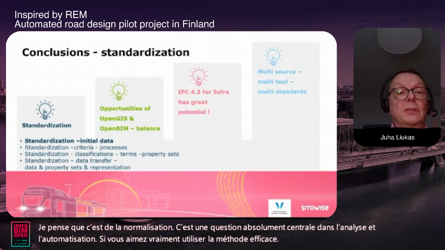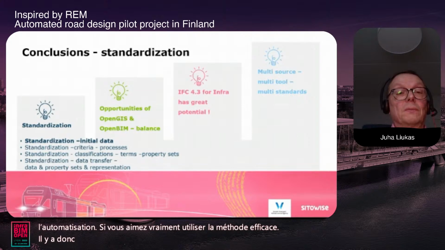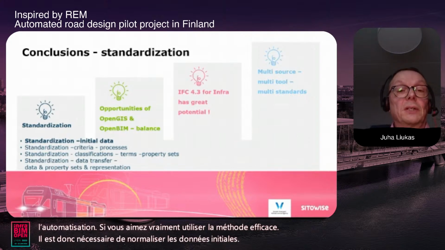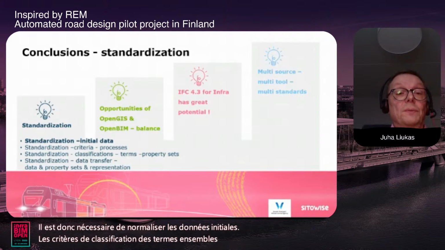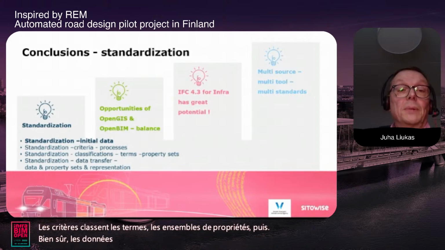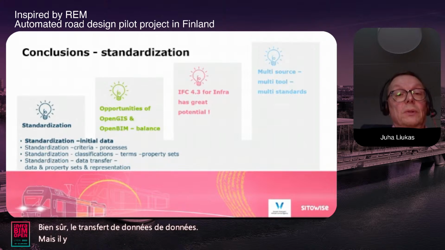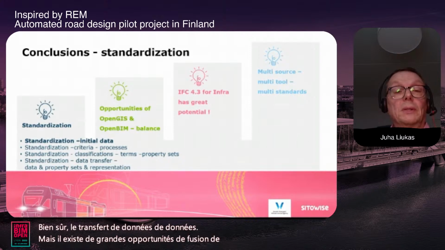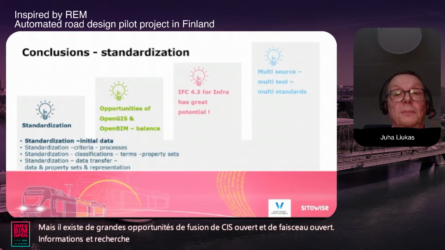So there is a need for standardization of initial data, the criteria, classifications, terms, property sets, and then of course the data transfer. But there are big opportunities to merge open GIS and open BIM information and find a good balance with that.